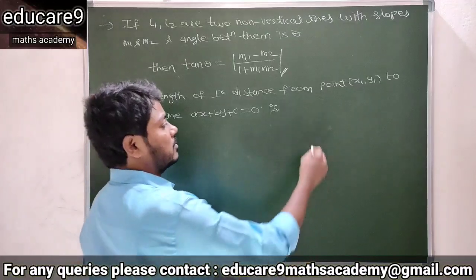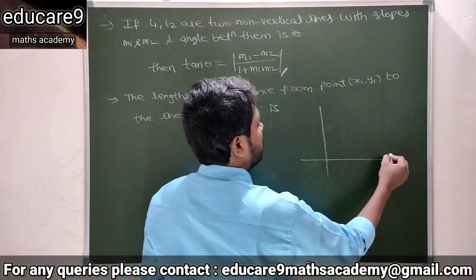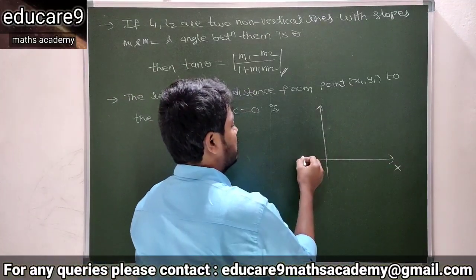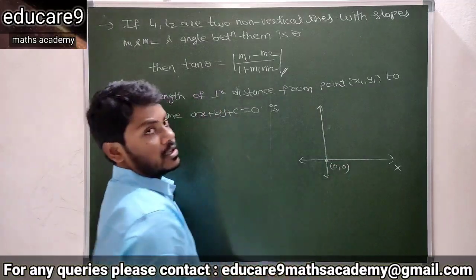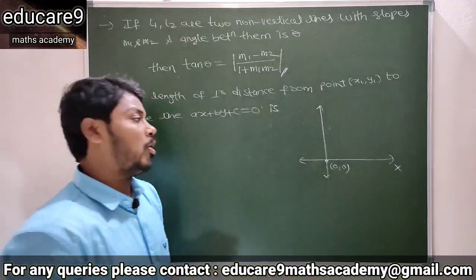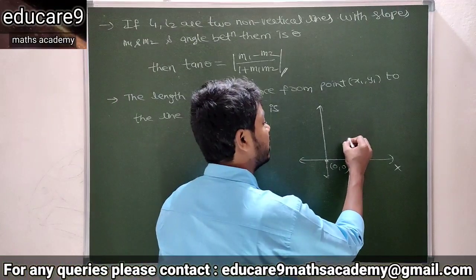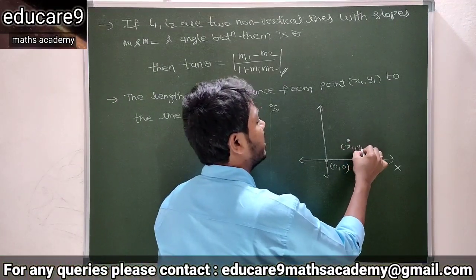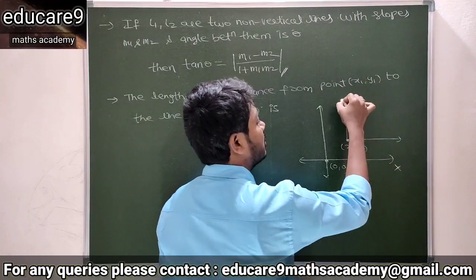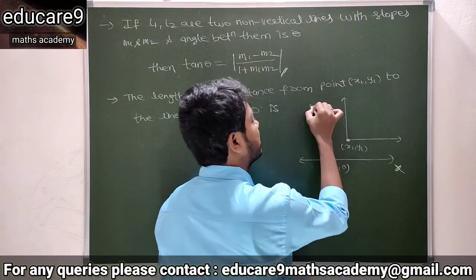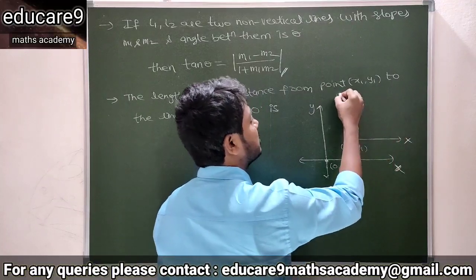So see here, this is the coordinate axis. So this is the origin. Suppose this origin is shifted to some point x1 comma y1, without changing the direction of the axis. Okay. So this is the original axis, this is the new axis.